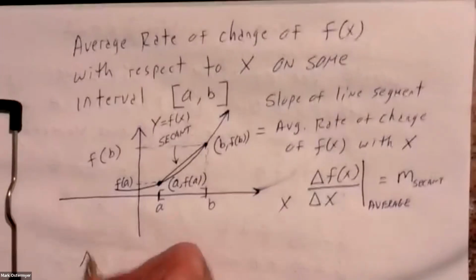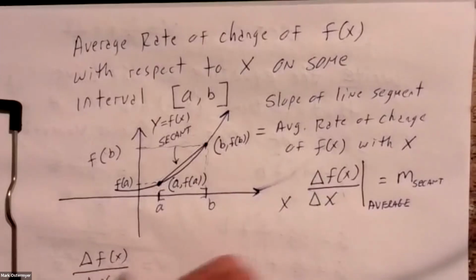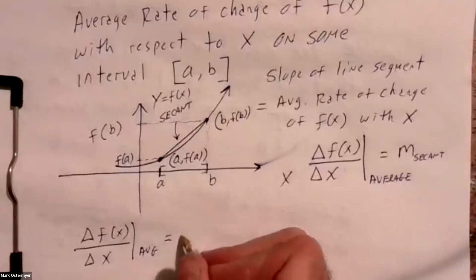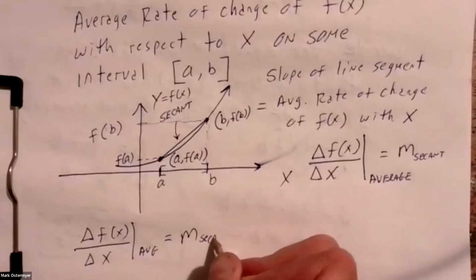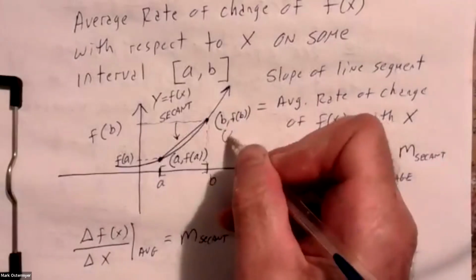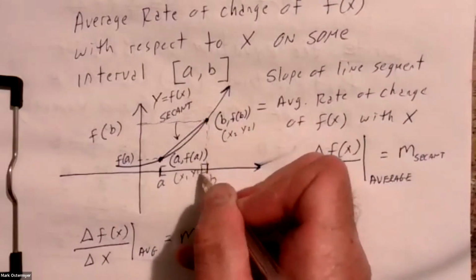And so there you go. I want to find the average rate of change of our function f of x with respect to x. The average rate of change is going to be equal to the slope of my secant line, which by the slope formula, maybe I'll call this point my x2, y2 point, designate this as being my x1, y1 point.